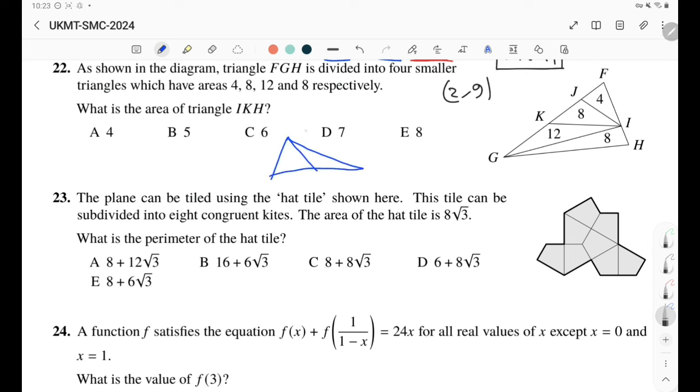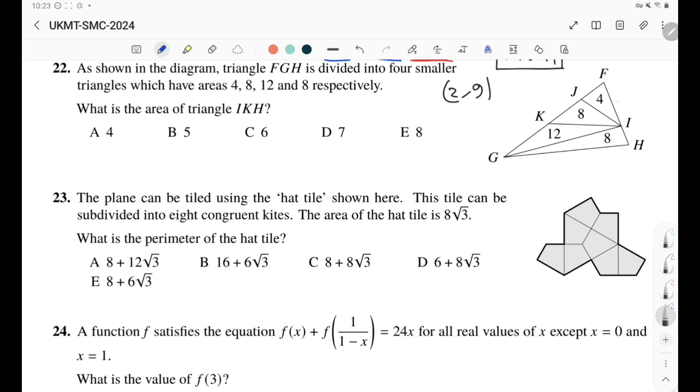Whenever you have a triangle ABC with a point D on BC, the ratio of the area of ABD over the area of ADC is just equal to the ratio of the bases BD and DC. The reason is simple. If you drop an altitude, it's the same altitude for both of them, so it cancels and you just get BD over DC. Same thing if you set this over the whole triangle, it's BD over BC. So you should always keep this in your mind.